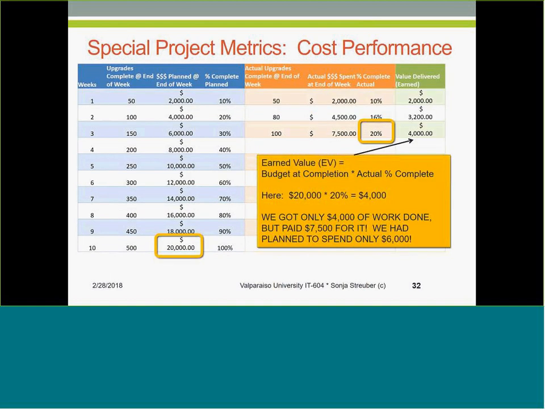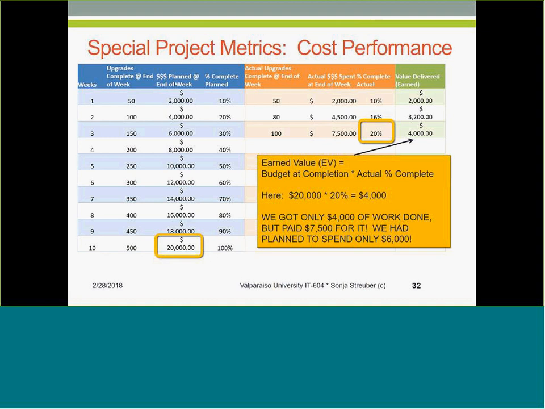Well, looking at what we call the Cost Performance Index, or the CPI, which is the crucial metric that a project manager's value and a project's value really is being measured on. We're looking at the budget allocation here, $20,000, right? Budget at completion, BAC.